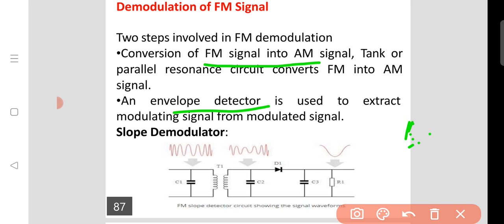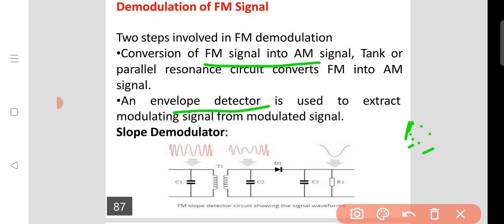Simply for the discrimination method we can use an RL circuit, but this RL circuit has poor sensitivity. Our frequency message signal varies because it consists of deviations of frequencies. It may be a low deviation or a large deviation, whatever it may be. That deviation is captured by our discriminator circuit, then it is converted to the corresponding voltage.